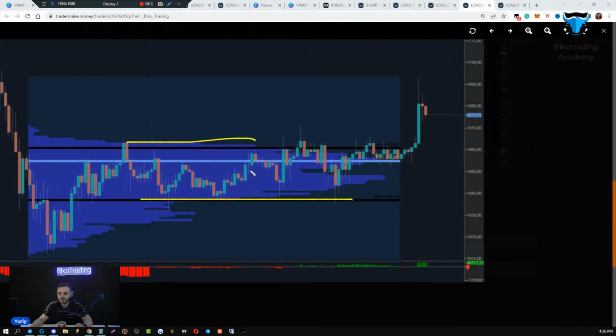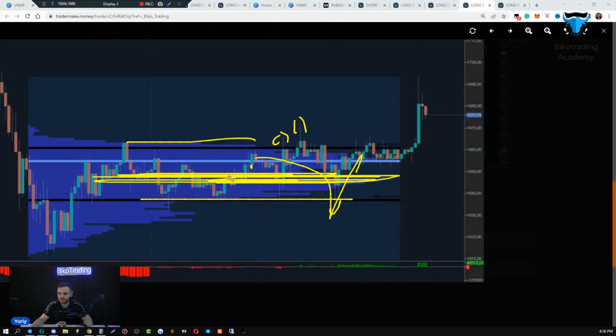And quite often they understand that most retail traders hide their stop losses outside of this, and they will try to get out by sharp tails, because most of their position was built exactly here in the middle.